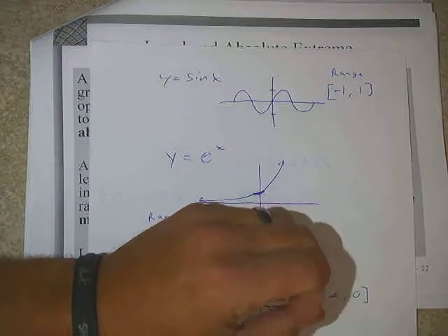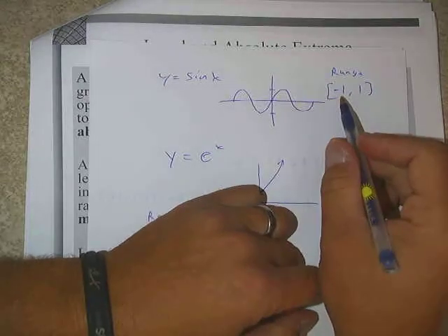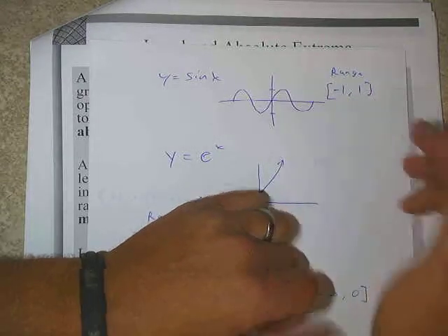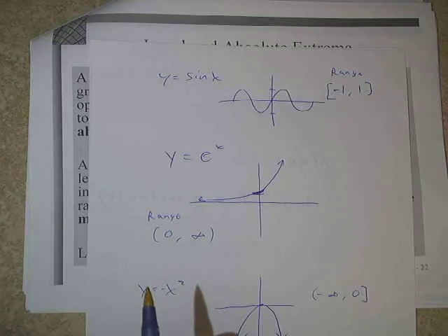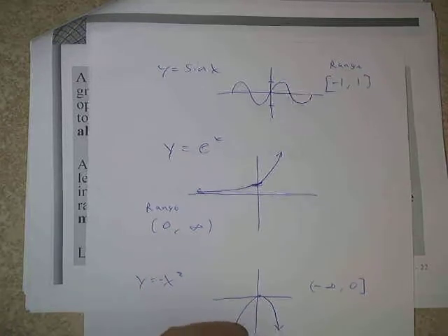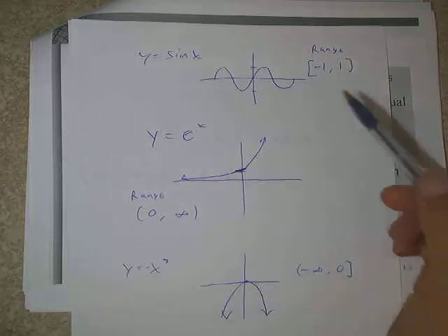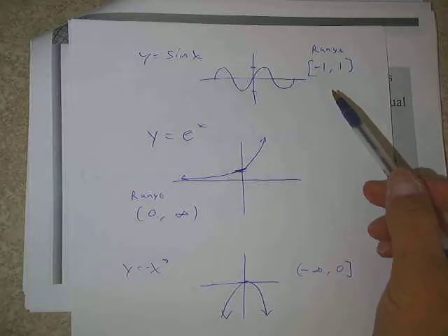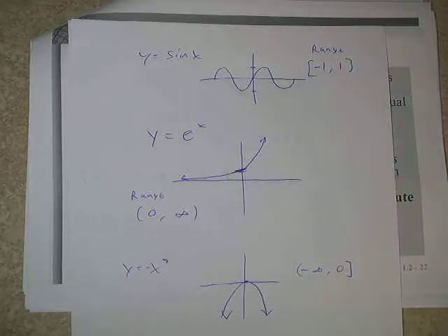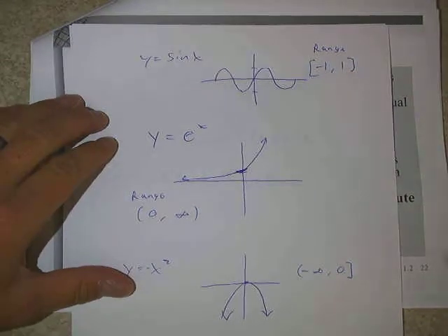So this function we'd say is bounded because it's bounded above by 1, that's the highest it gets, and it's bounded below by -1, that's as low as it gets. So those are some examples of functions that are bounded below, above, and simply bounded because it's bounded on both sides, up and down. Okay, questions so far?